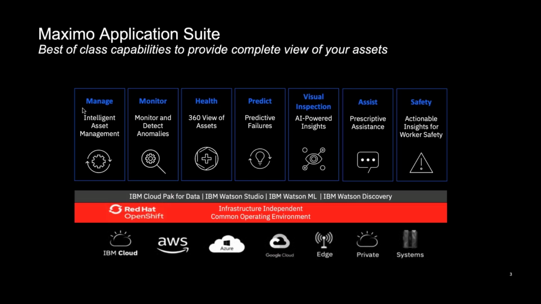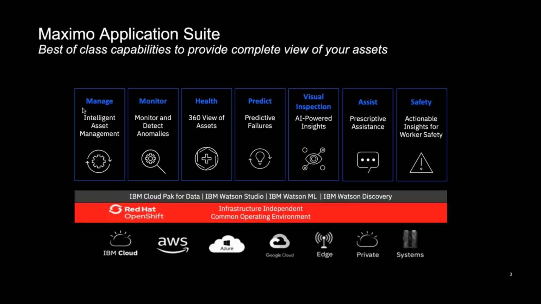And we also have a few solutions that we have included entitlement to from our IBM Cloud Pak for Data: Watson Studio, Watson Machine Learning, Watson Discovery. Our Predict solutions and our Assist solution use these AI solutions from Cloud Pak for Data. And it's all part of your application suite.